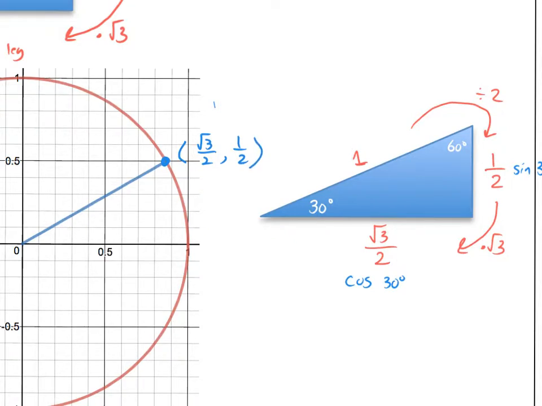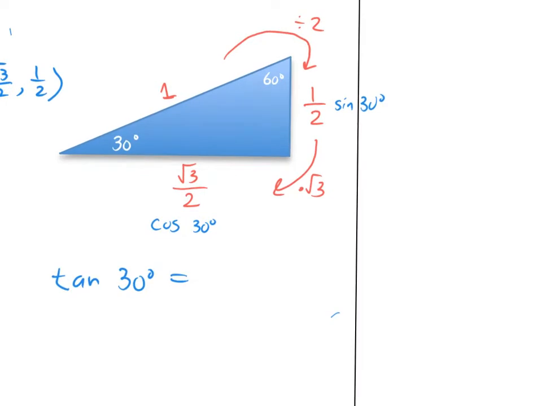So let's use the definition of tangent now in order to find out what the tangent will be. Remember, it's sine, in this case 1/2, over cosine, which is radical 3 over 2. Remember, dividing by a fraction is the same as multiplying by the reciprocal. So now my 2's drop out. I'm left with 1 over radical 3.